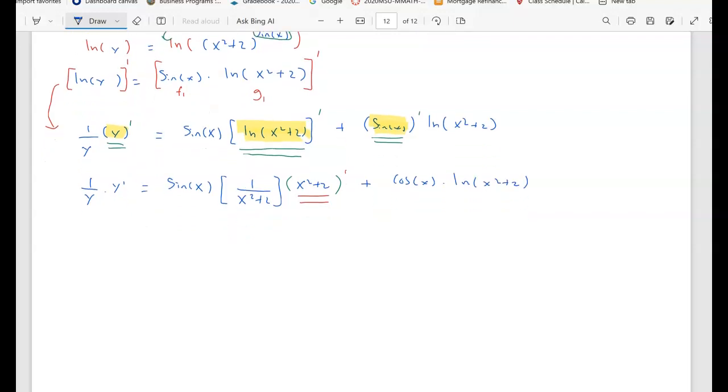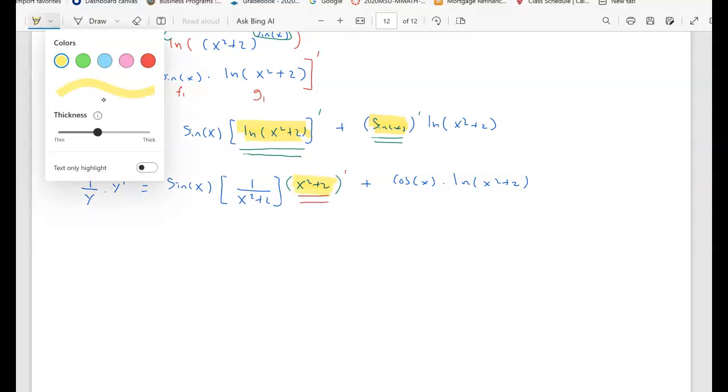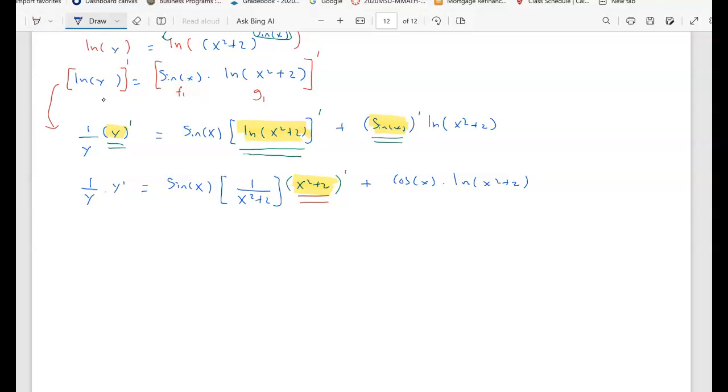Okay, almost done. We just have to take one additional derivative and try to isolate y prime. So y prime over y is equal to the sine of x times 2x over x squared plus 2, I'm just putting it on the top, plus the cosine of x.